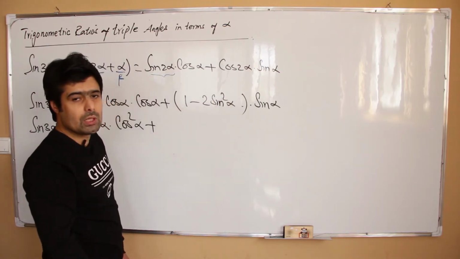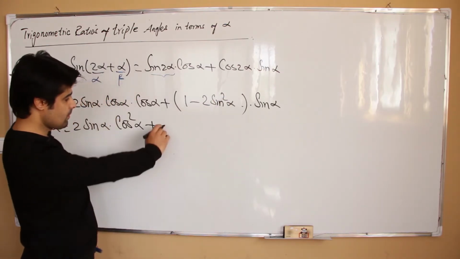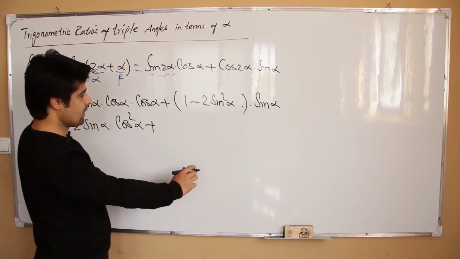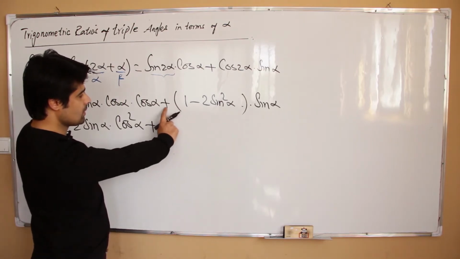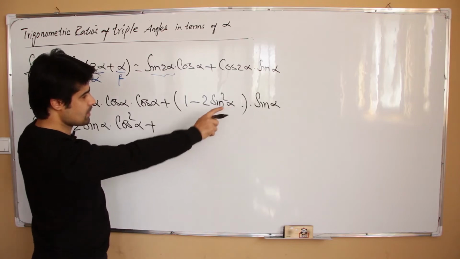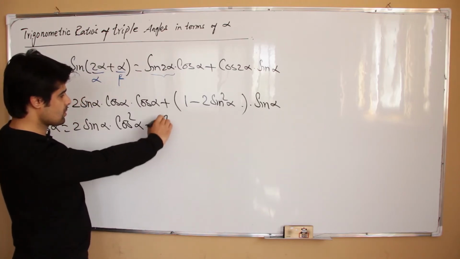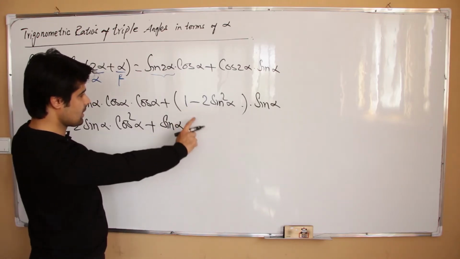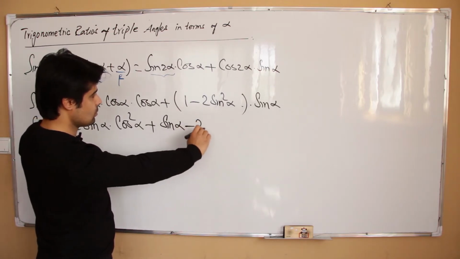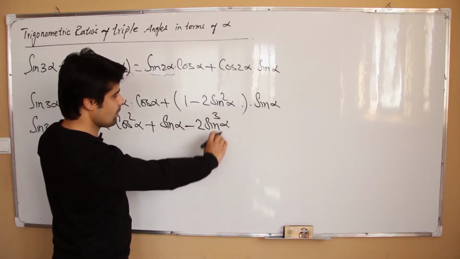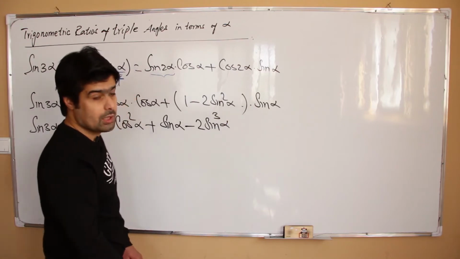Why do we use it in terms of sine? Just listen, you will define and you will know. This plus times 1 plus 1 plus 1 times sine alpha, it is sine alpha, and plus with this negative, it's negative 2 sine cube of alpha, 2 sine square with this one, 2 sine cube.